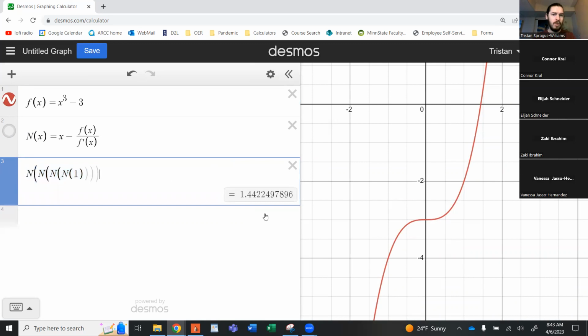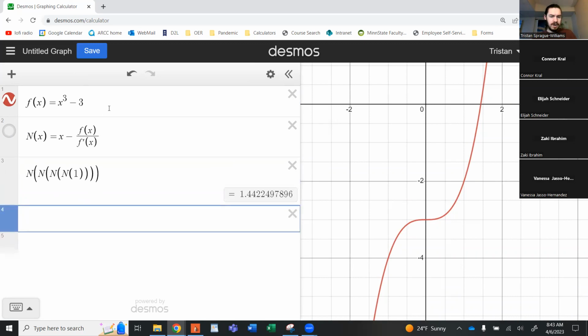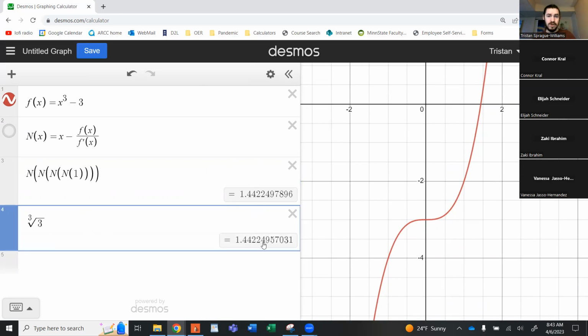There are four iterations of Newton's method, which gives us 1.44225. The answer should be the cube root of 3, which indeed is 1.44225. In fact, these agree with each other all the way out to the 4, 9.